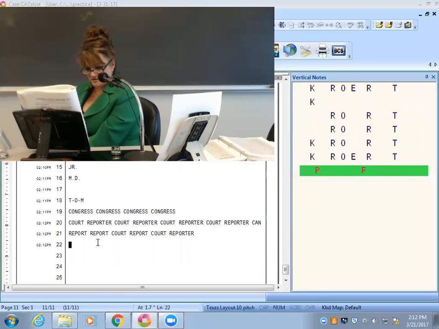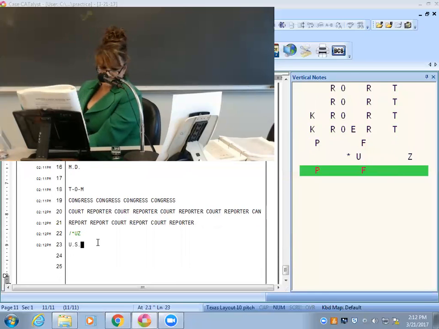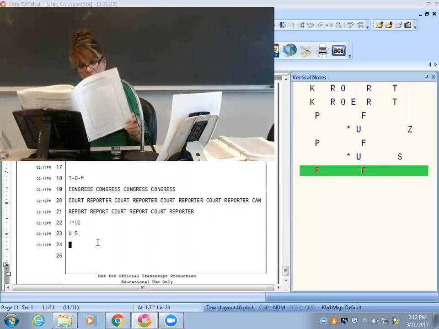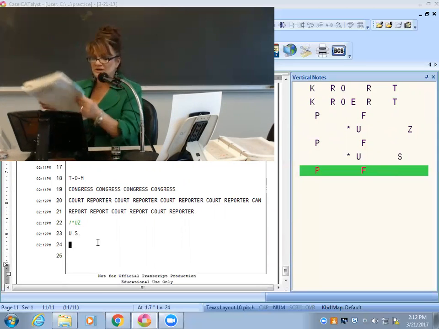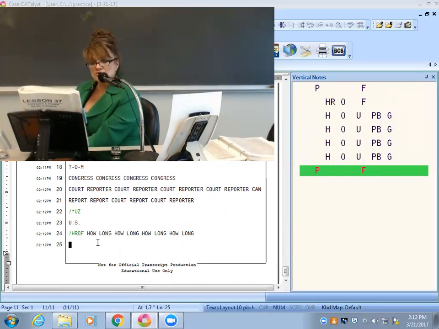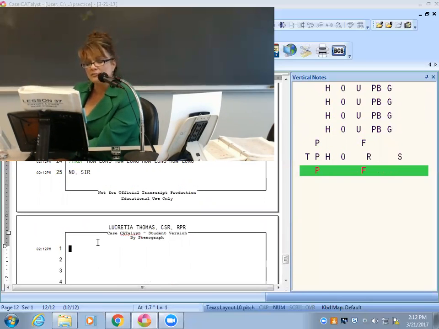US is US with an asterisk, okay? How long, real important brief, H-O-U-N-G, how long. You've got no sir, N-O-R-S, no sir, and it gives you the comma already.